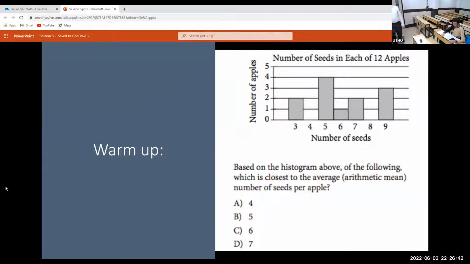Let's see. Based on arithmetic mean, meaning simple average. So there is a bar graph given to you. This is also a SAT problem. There are 4 options A, B, C, D. Pick the one which is right. Read the graph properly.